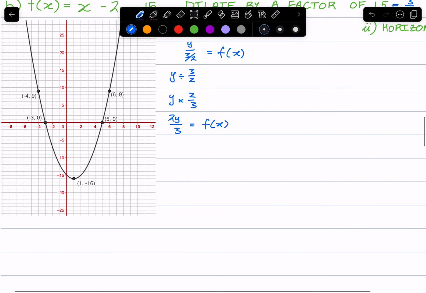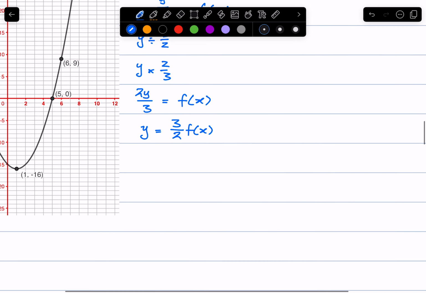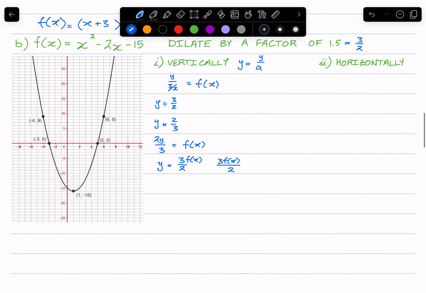So now to make y the subject, this would become y equals 3 over 2 times f of x, or you can think of this as 3 times f of x divided by 2. So 3f of x all over 2. This is the way we can think of this.